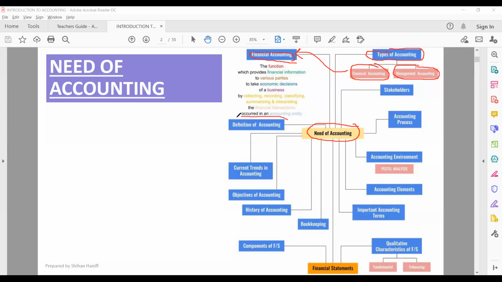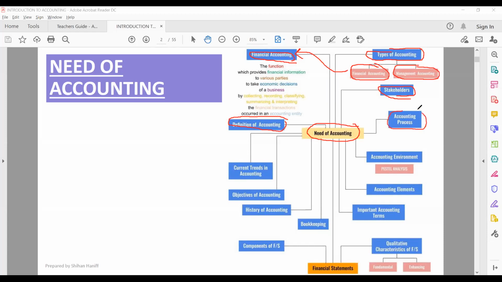Then we have to learn the definition. Under the definition, we will cover almost everything in this chapter. Who are the stakeholders? Stakeholders means the users of accounting, who use the accounting information.